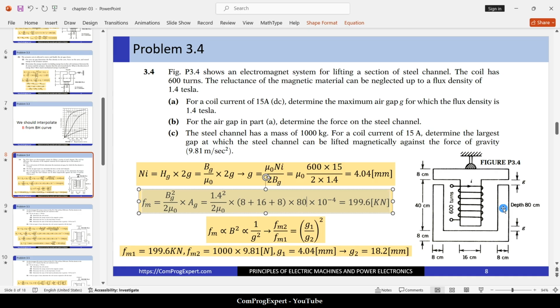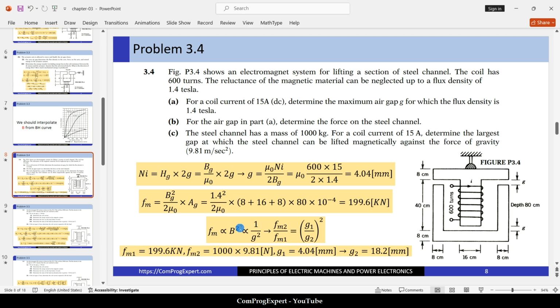So 8, this one, plus 16 plus 8, the total width, times 80, the depth of the problem, times 10 to the power minus 4, because these are in centimeters. This will be the value of the force.